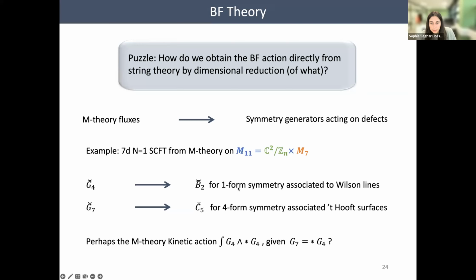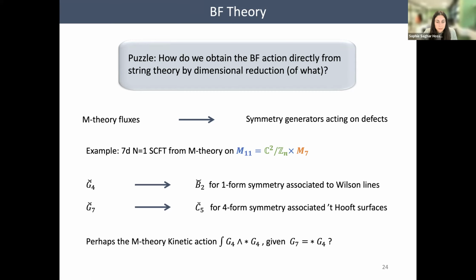B2 is the background for the one-form symmetry, and C5 is the background for the four-form symmetry. We also saw earlier that these fluxes G4 and G7 didn't commute, and that meant that we had to pick which one of these operators we can realize in the theory.